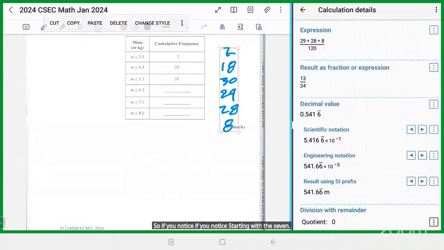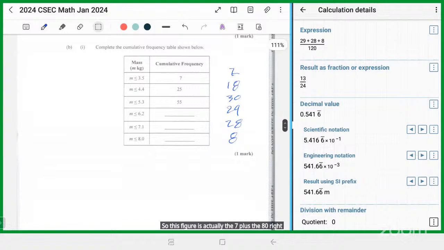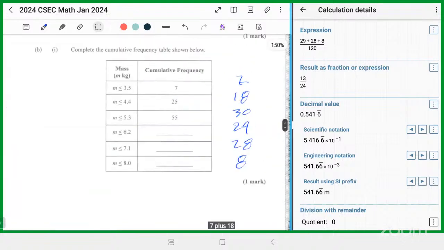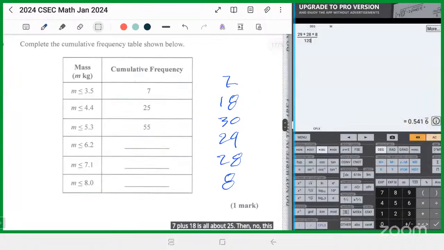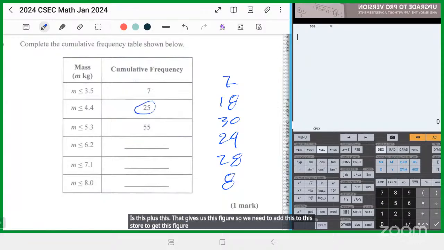This figure is actually the 7 plus the 18, which is 25. Then this 55, sorry, is this plus this. So we need to add this to this now to get this figure. So adding up the frequency, 55 plus 29 gives us this figure here.